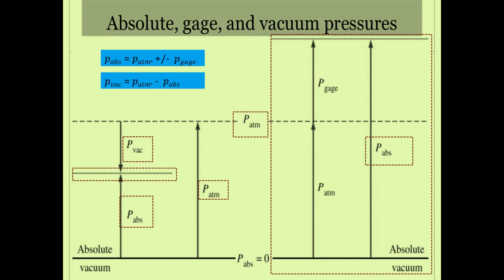Therefore, from that diagram, we can derive that absolute pressure is equal to the atmospheric pressure plus or minus gauge pressure.